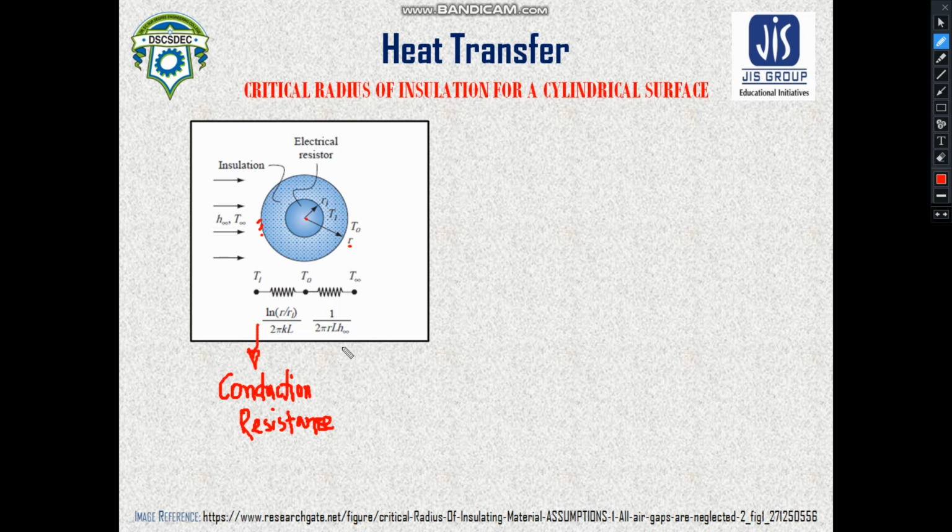Now if you closely take a look at the terms, you'll see that in the conduction resistance, R is placed as a function of log in the numerator, whereas in the case of convection, this R is placed in the denominator.